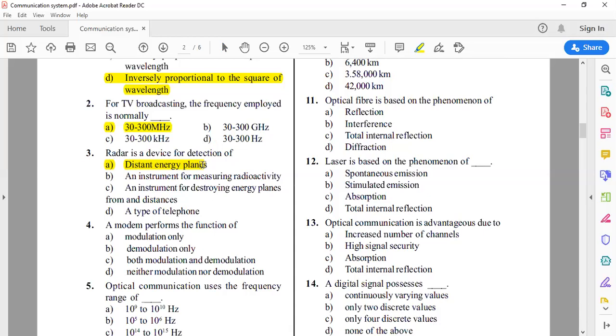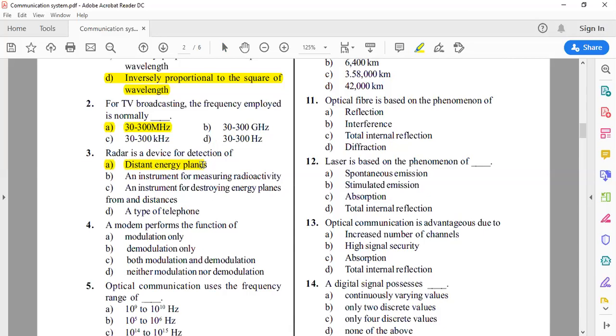Question number 4, a modem performs the function of. This modem is used for modulation, it is used as a modulator or demodulator. Means it is used to convert the digital signal into the analog signal.